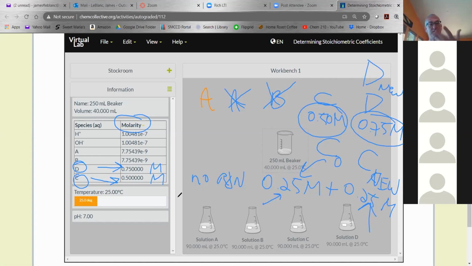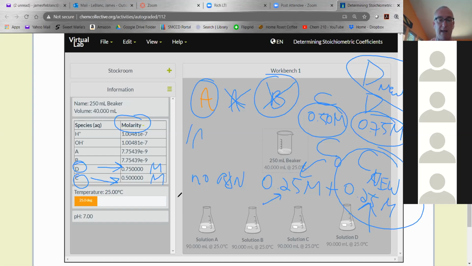So basically use those concentrations. The concentration of D created, because that's your product, right? This is the concentration of C that was created. Use that. That tells you that with this amount of A and this amount of B, basically it means 1A.